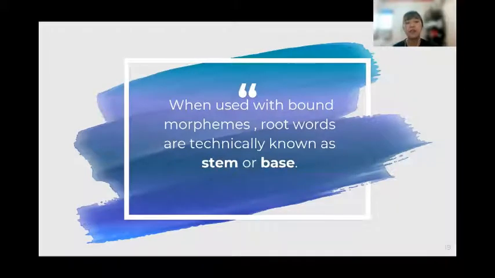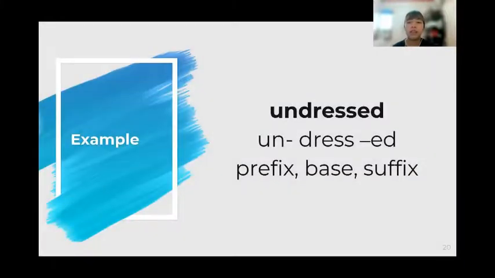So when used with bound morphemes, root words are technically known as stem or base. So our root words, another name or another term for our root words are your stem or base. For this session, we're going to call them your root words as base. For example, in the word undressed, we have three morphemes. We have your base or your root word. As you can see here, we use the term base. The base form of undressed is dress.